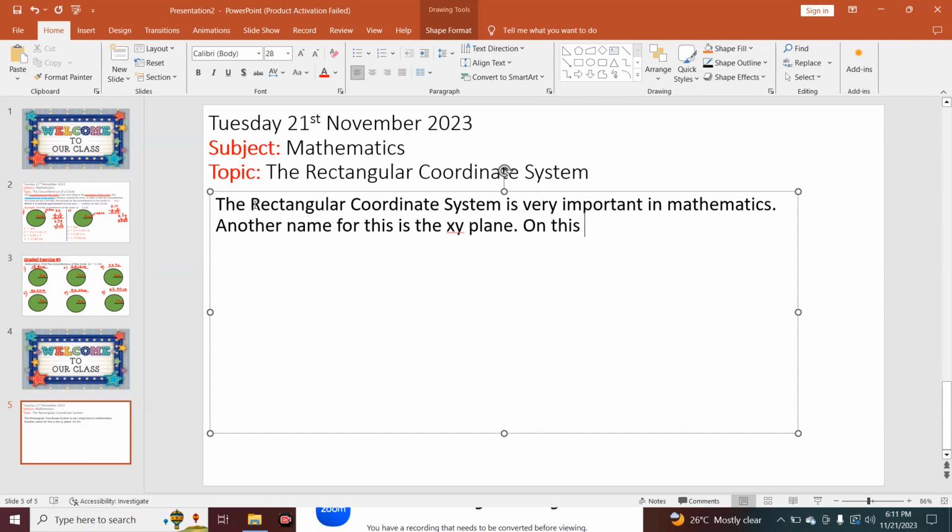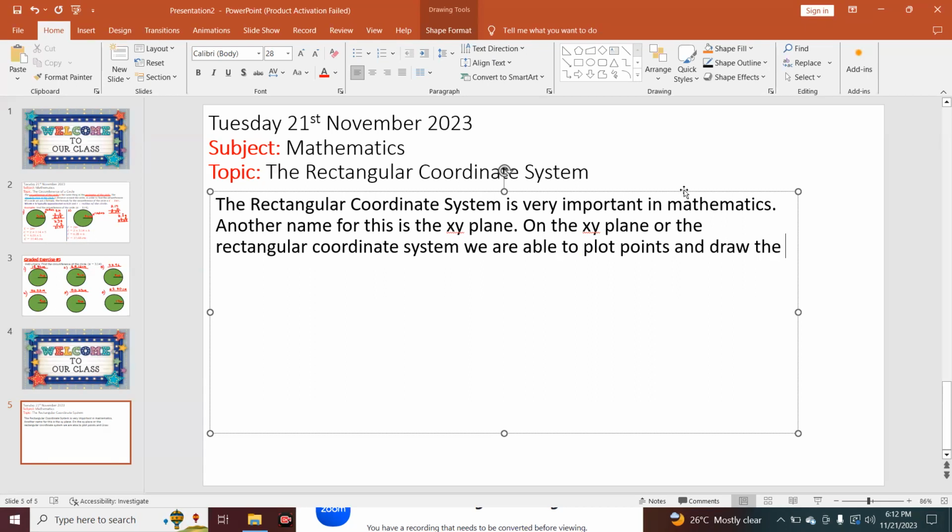On the XY plane, or the rectangular coordinate system, we are able to plot points, and we're able to draw the graphs of various figures and functions.